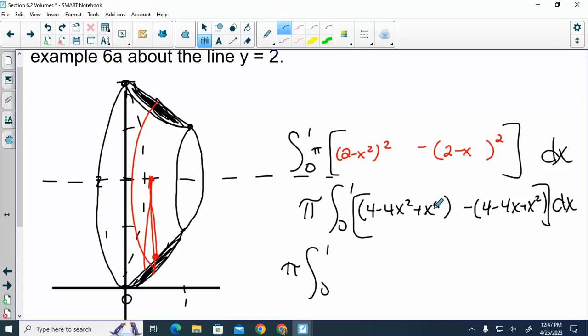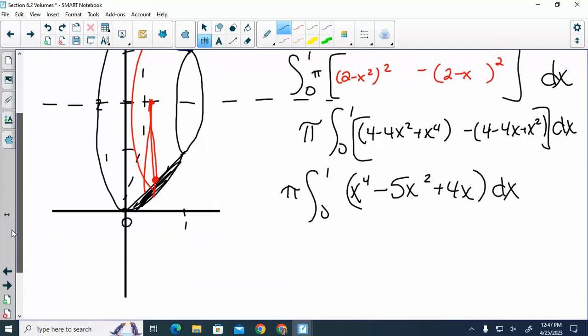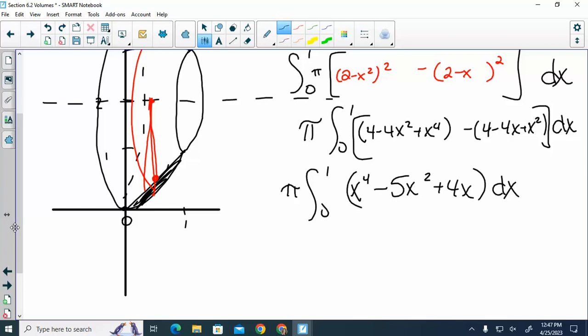4's drop. 4. 5x. Antiderivative of x to the 4th, 1/5 x to the 5th. Minus antiderivative of 5x squared.